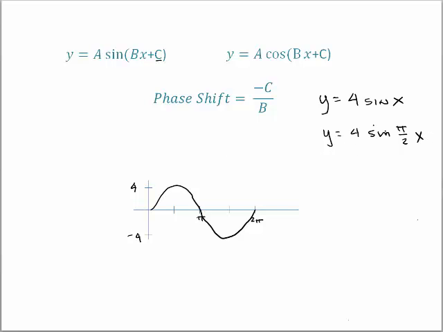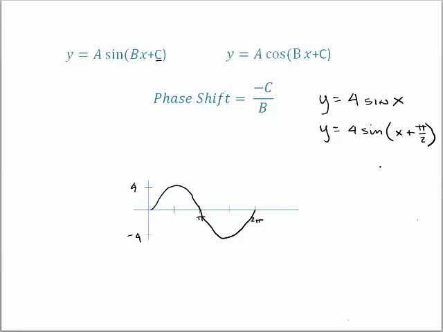Let's change this. I'm sorry. I don't want to make it too complicated for us to start with. Excuse me for just a minute. We'll say Y equals 4 sine x plus, this is where I wanted the pi over 2. Lost track of what I was talking about for a minute there.